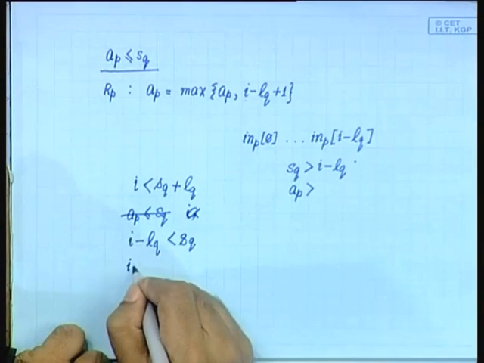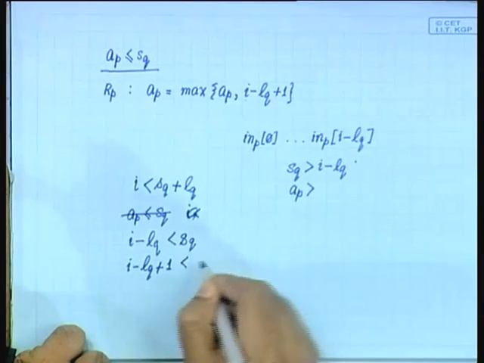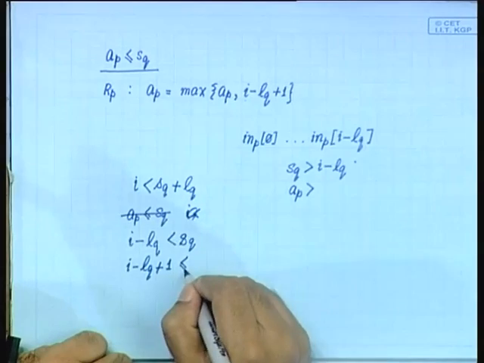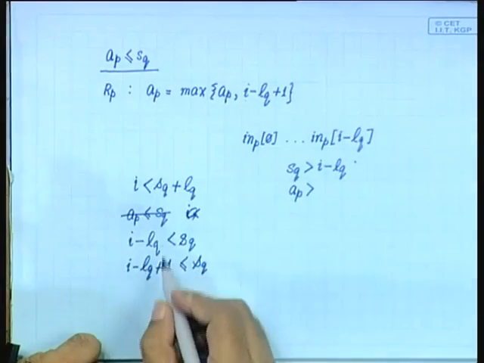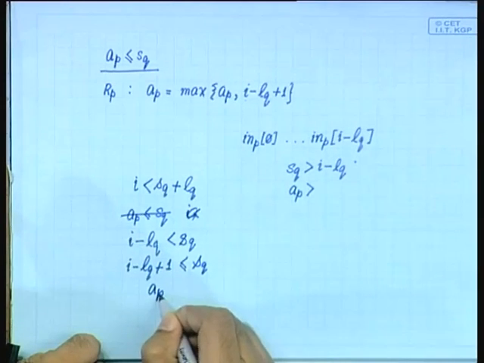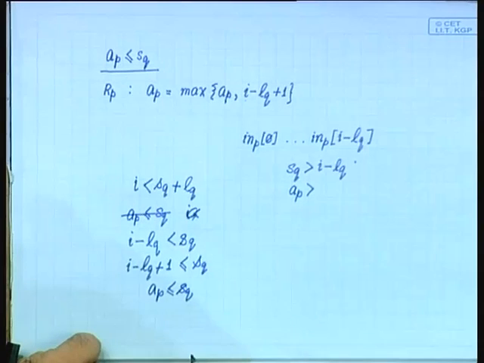So I minus LQ plus 1 is less than or equal to SQ. So if AP is updated, then this is what AP is going to become. So it will become again less than or equal to SQ, right.